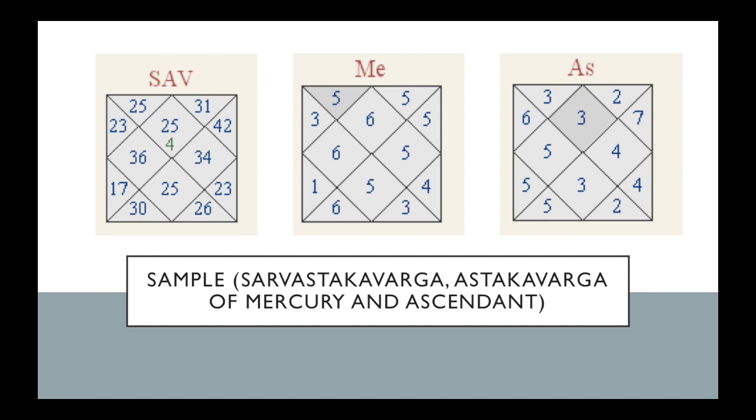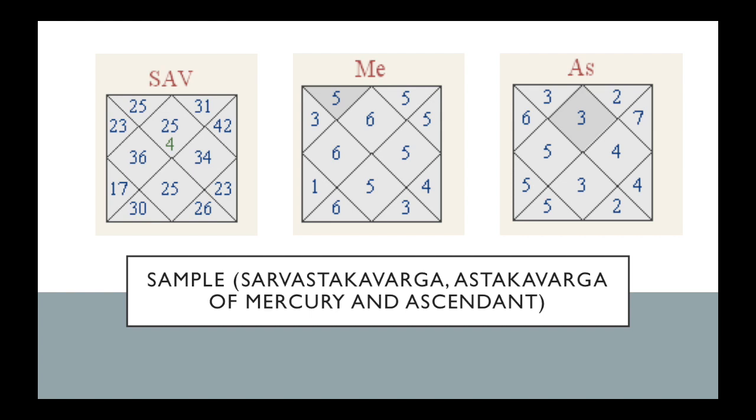Now, if a house has more than 29 points, then it's considered to be a strong house. If a house has 25 to 28 points, then it is considered to be an average house, not strong, not weak.